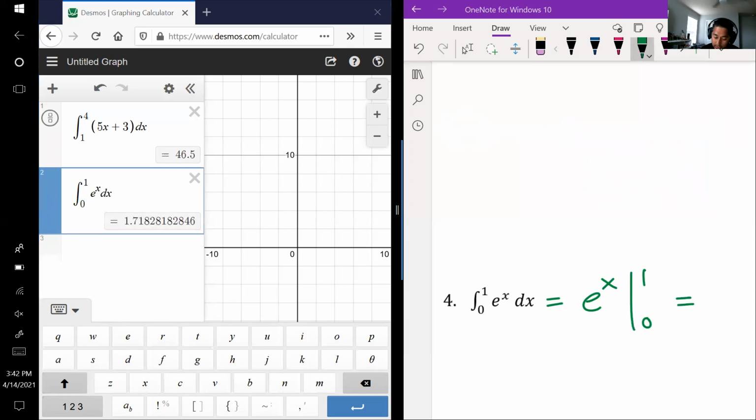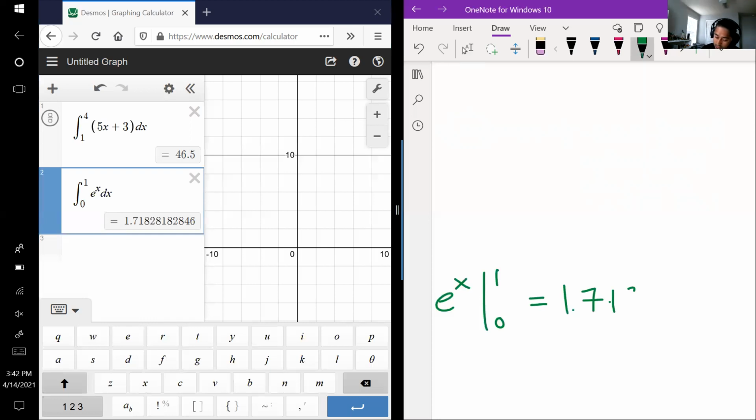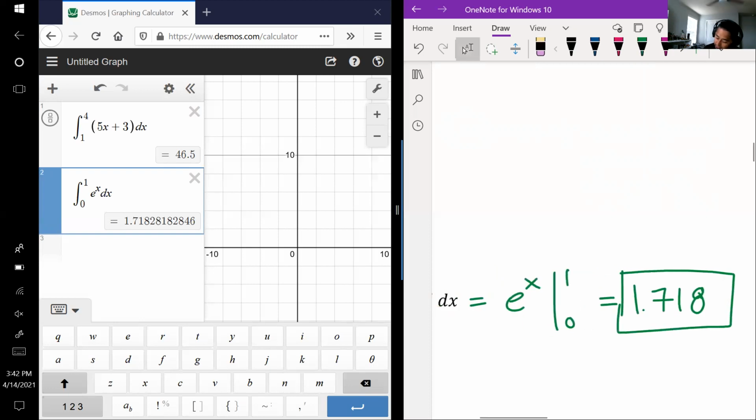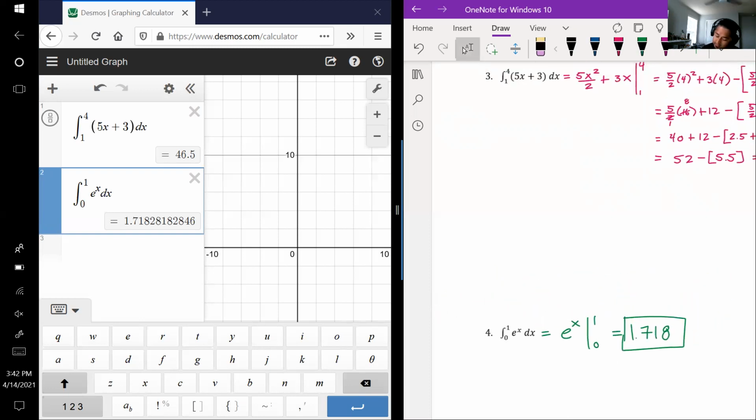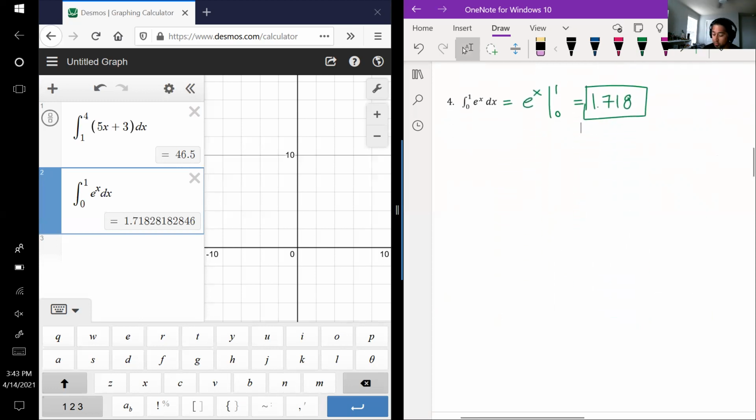There it is. I get 1.718. That'll be fine. 1.718. And does that save us a bunch of time? Yes. Sure does. All right. Perfect. All right, let's keep going.